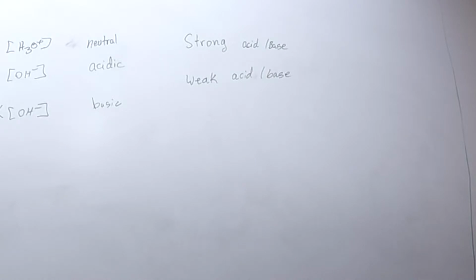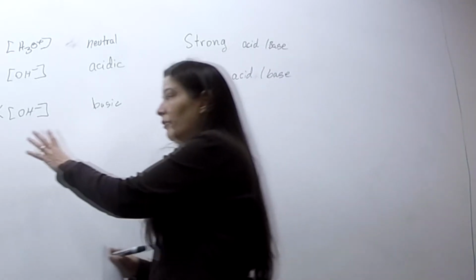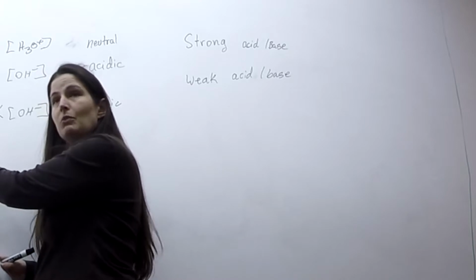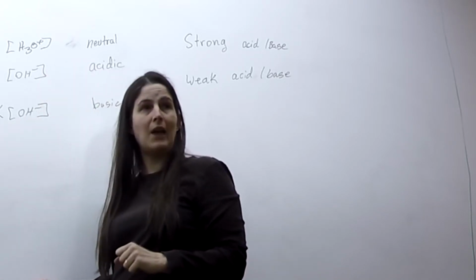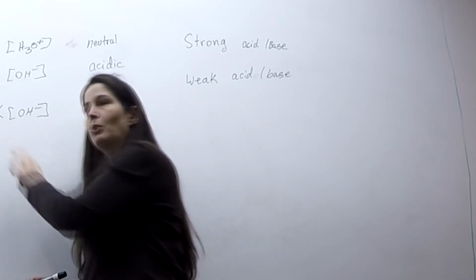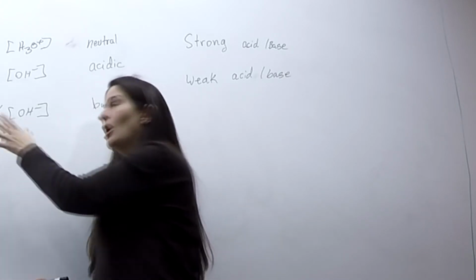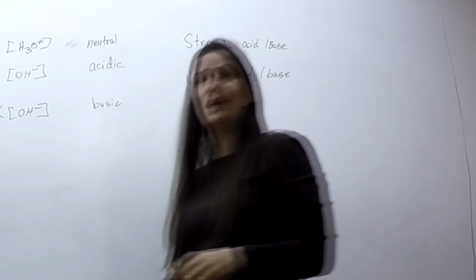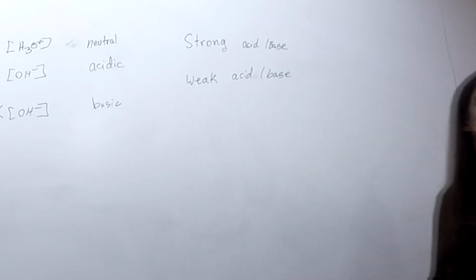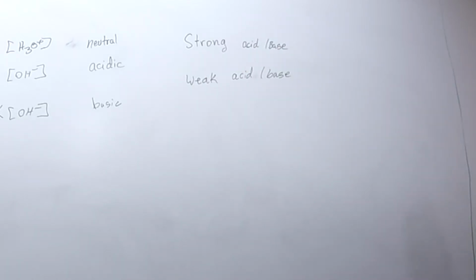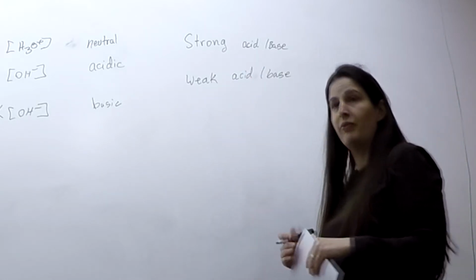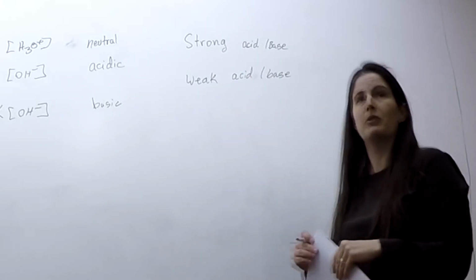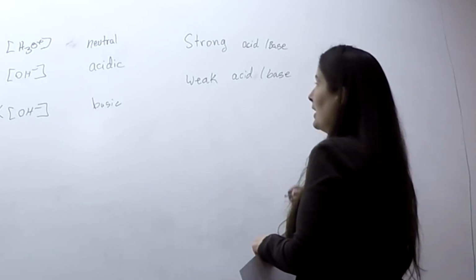We are just worried about how much for an acid of this H3O we're going to get, and for a base, how much OH we're going to get. This is what we're going to be focusing on. Concentration of these ions that are created from an acid or from a base when it is put into a solution.